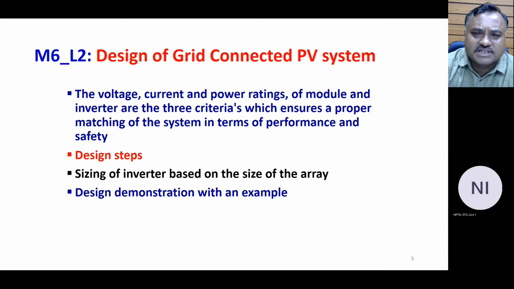How are these parameters to be considered as matching parameters while designing a grid connected PV system? And also the design steps, sizing of inverters, and then a demonstration of a design system was presented at the end of lecture 2.